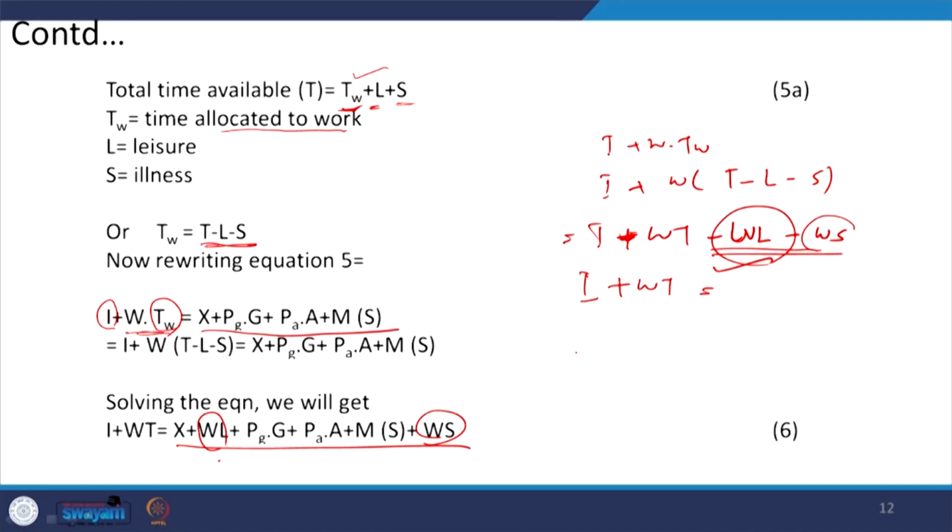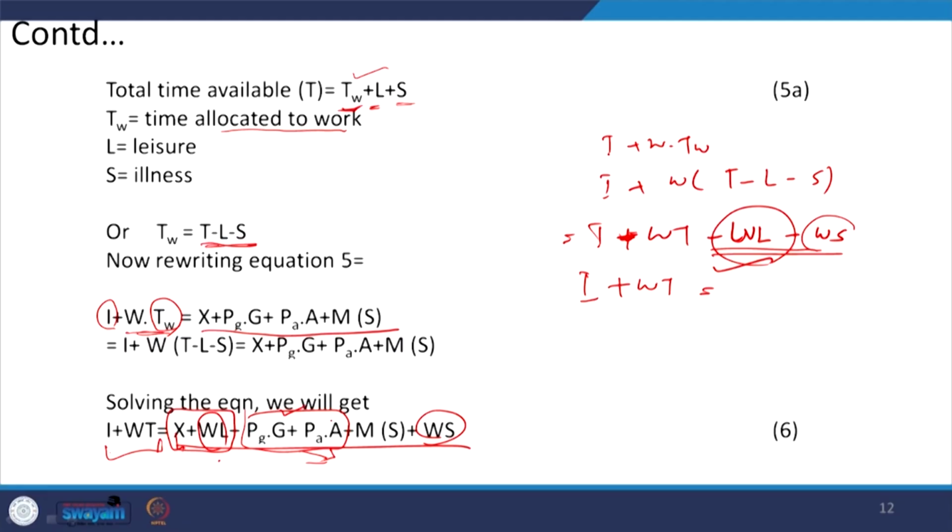By doing this exercise, you can find out what the averting expenditure is. In this example, I plus WT is nothing but the total income of the individual, and X plus WL is the consumption of goods as well as leisure. PG into G and PA into A, as we have already discussed, are the two ways of averting behavior.